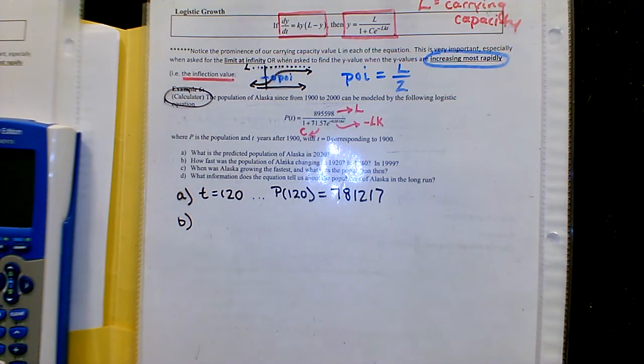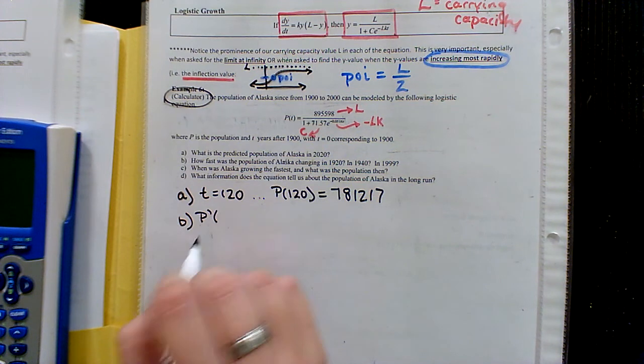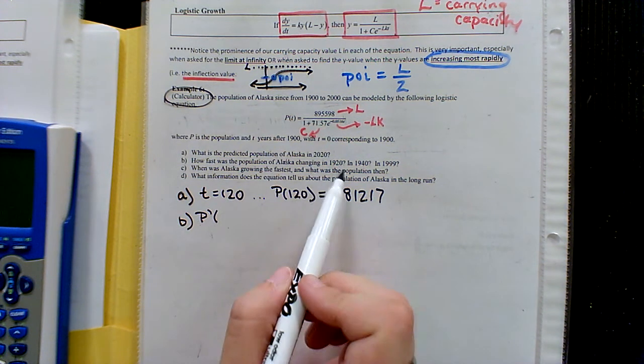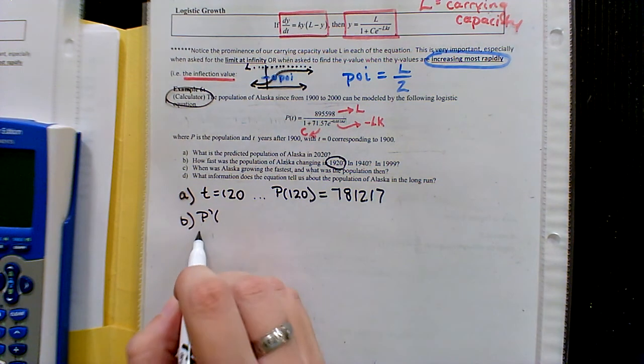Let's check out B. How fast was the population of Alaska changing in 1920 and 1940 and 1999? What do we got to figure out for that type of worded question? What the derivative is. Okay, so we want to take the derivative of the P equation given to us and somehow plug in whatever time represents 1920, 1940, 1999.